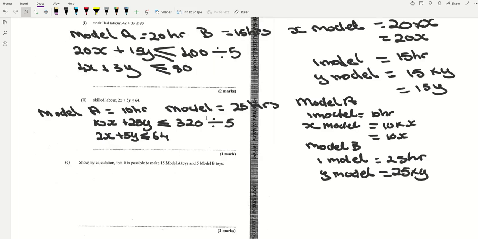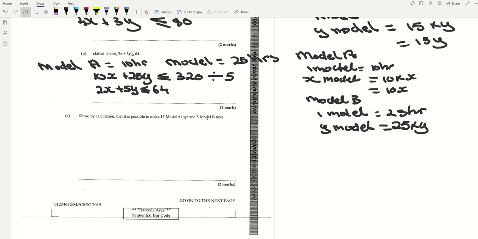Alright, let's do part C. Show by calculation that it is possible to make 15 toys model A's and 5 model B's. That means if model A is X, and B is Y. Alright, so we need to show for both skilled and unskilled.